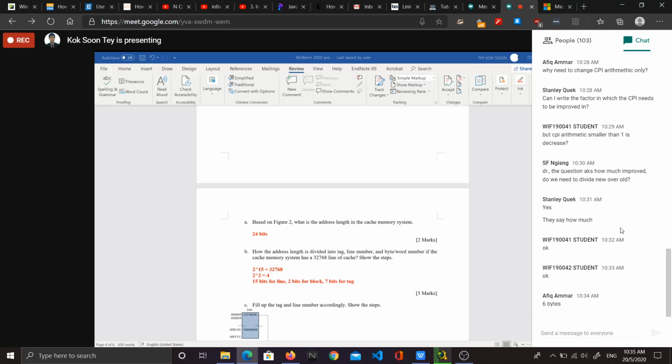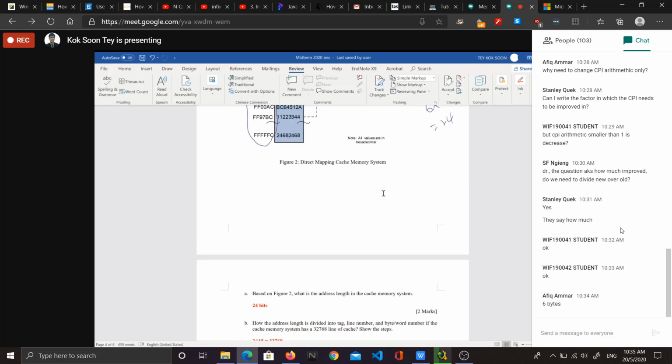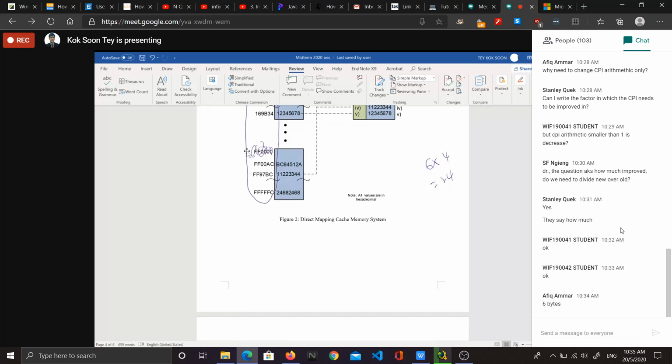Six hexa numbers. Okay. In here is 6 hexa numbers. Okay. 1 byte equals to 2 hexa numbers. 1 byte is equal to 8 bits. So it should be 2 hexa numbers.